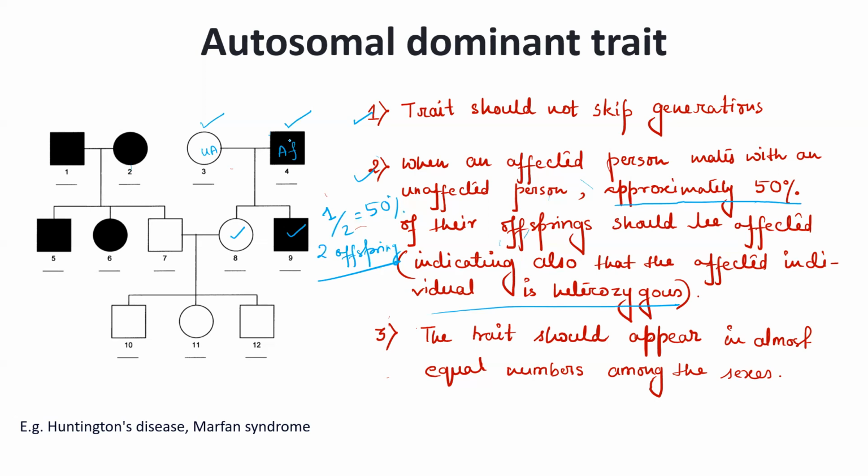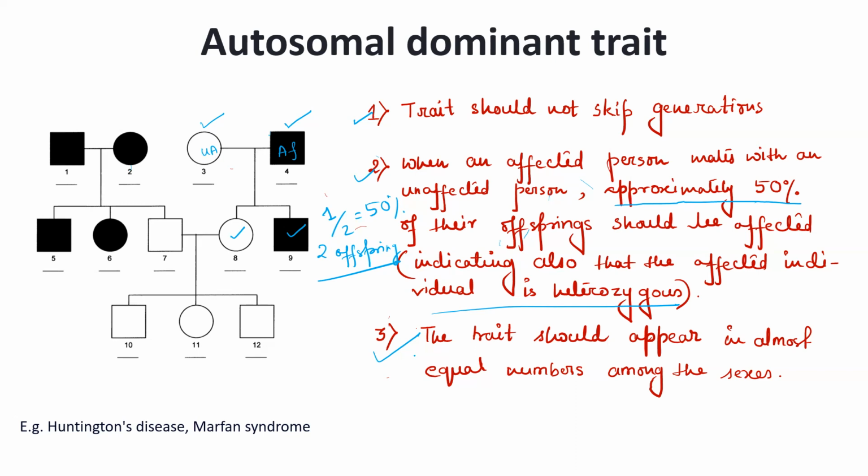One of them is affected, that is 50% is affected and 50% is not affected. The trait should appear in almost equal numbers among the sexes. Next point: it's not that only the males are affected or only the females are affected. You can see equal numbers. Both sexes are affected, that is, both males and females.